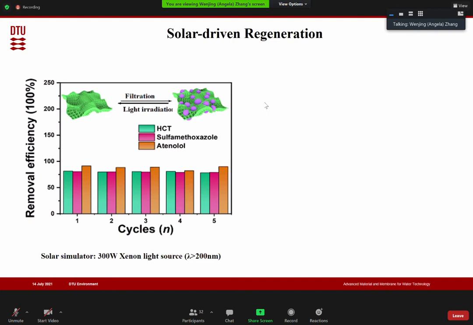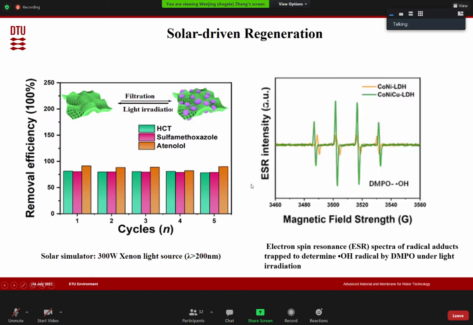We do the filtration once, and then we shine light on it to induce in situ degradation of the pharmaceuticals, and then we do it again, five times in total. Over the five times, we found that there is no decrease in the removal efficiency. So I believe this is a quite efficient way to induce solar-driven regeneration of absorbents.